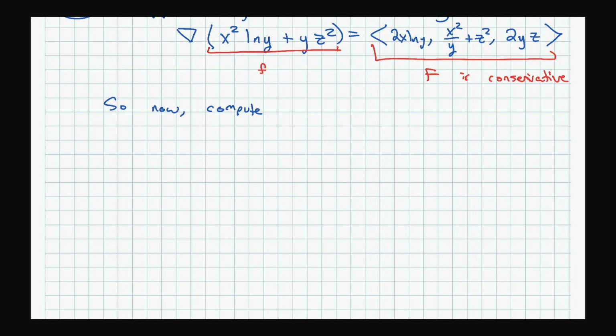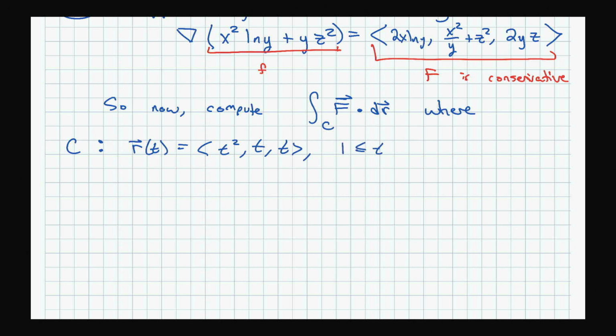So now compute the integral over C of F dot dr, where C is given by r of t equal to t squared comma t, where 1 is less than or equal to t, which is less than or equal to e.